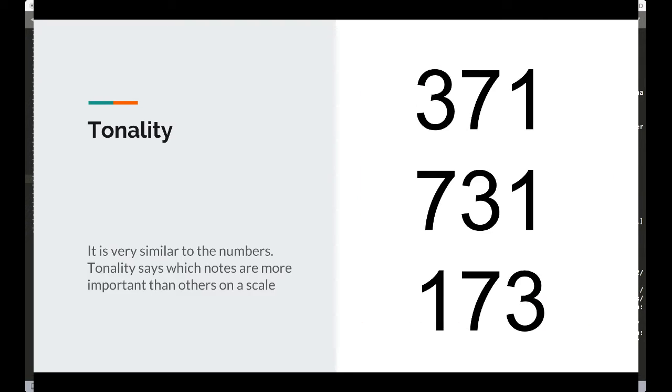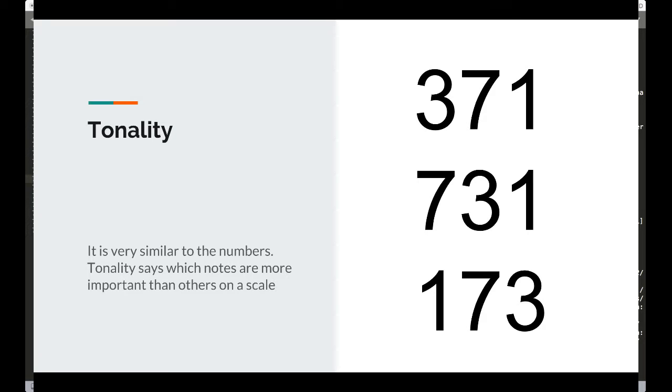As we saw in the last presentation, tonality gives you the importance, or let's say the functionality, of each note. For example, imagine each note is a number. Here we have 3, 7, and 1.